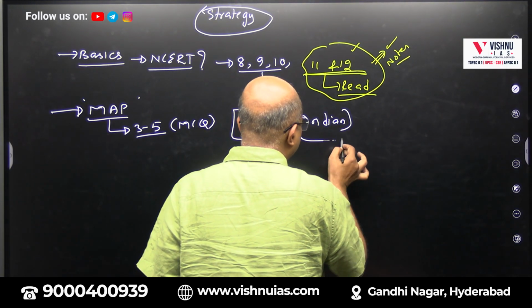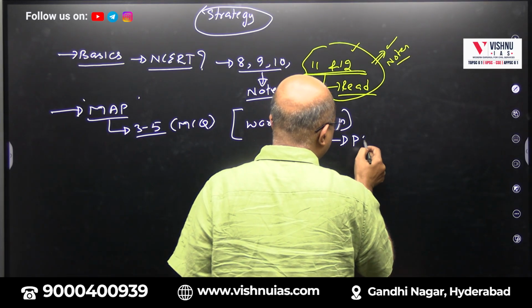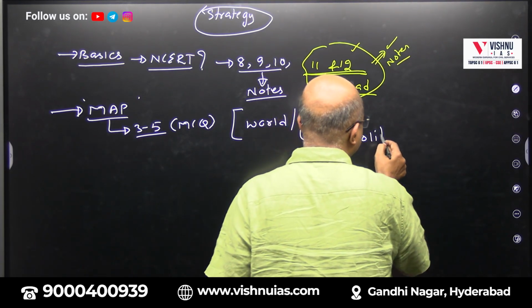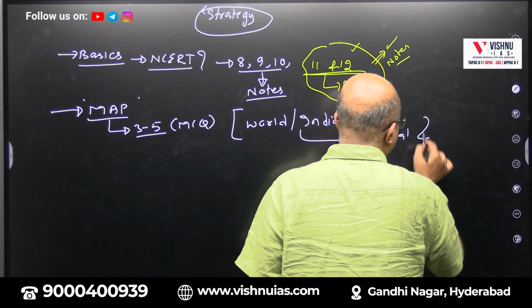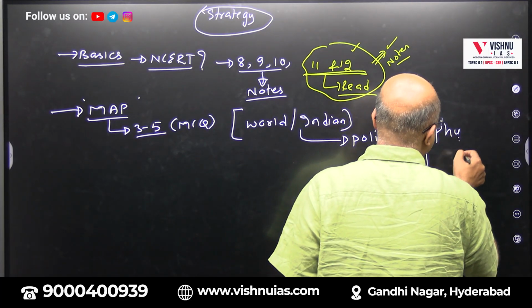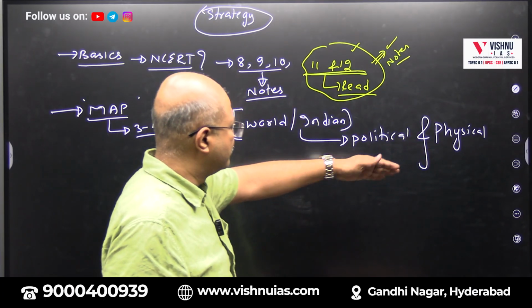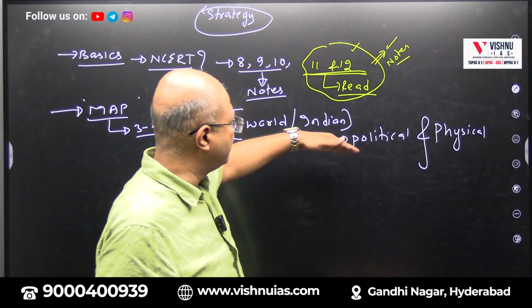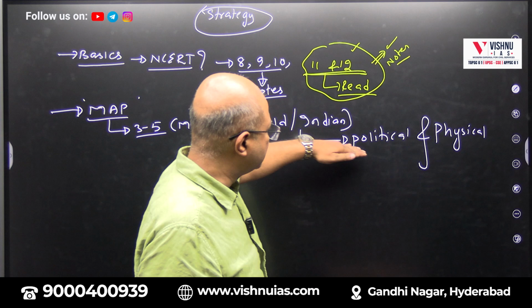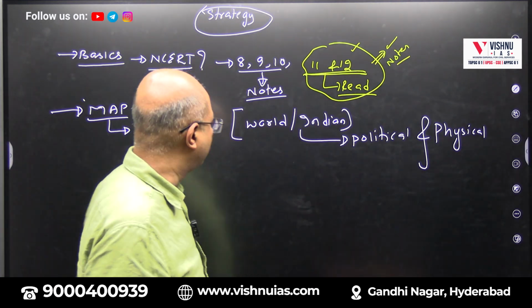And you should be good enough in both parts, that is, political as well as physical map. Political and physical. So you should be good enough in both, like mountains, lakes, which area which mountain is there, which river is there, then countries, the boundaries which are there, right?